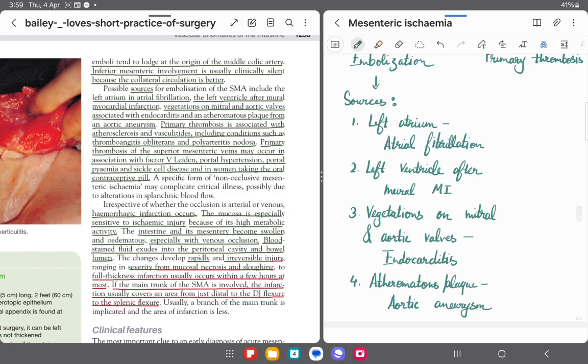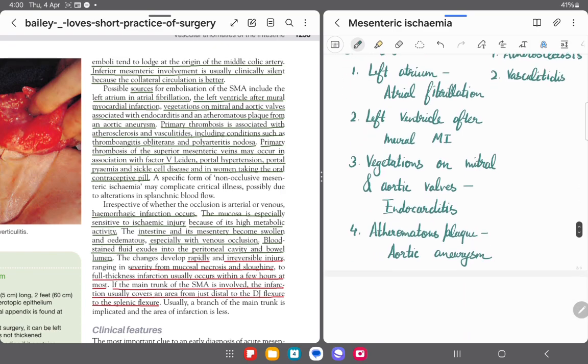It is associated with atherosclerosis and vasculitis, including conditions such as thromboangiitis obliterans and polyarteritis nodosa. So vasculitis will include thromboangiitis obliterans and polyarteritis nodosa.